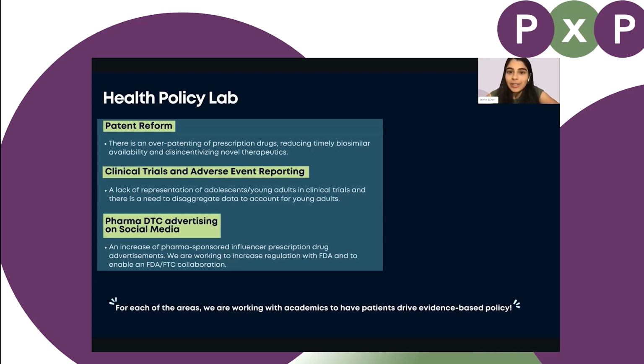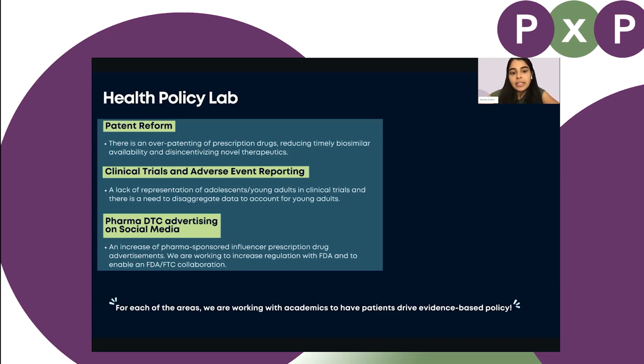And this is really critical because unfortunately, it can take years and years for us to get access to more affordable options. And there's not a lot of public pressure in some of the disease areas that we feel like have really been affected by the over-patenting of these medicines. And so that's an area that we work in.